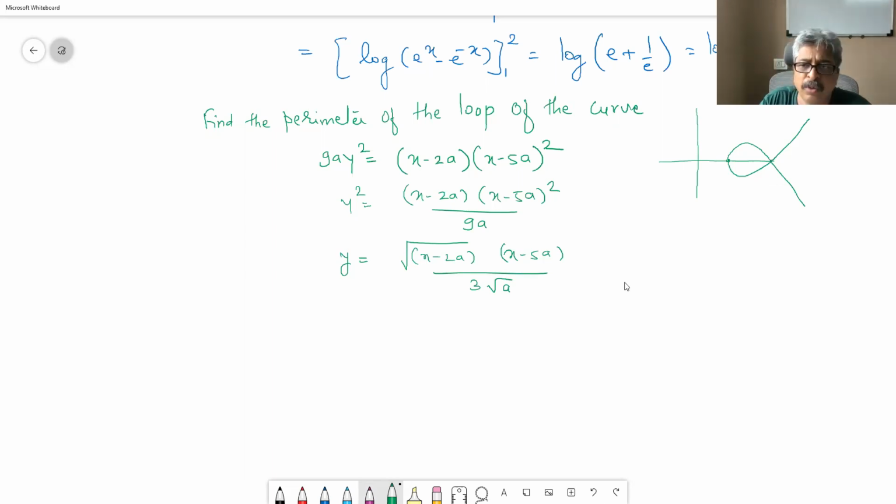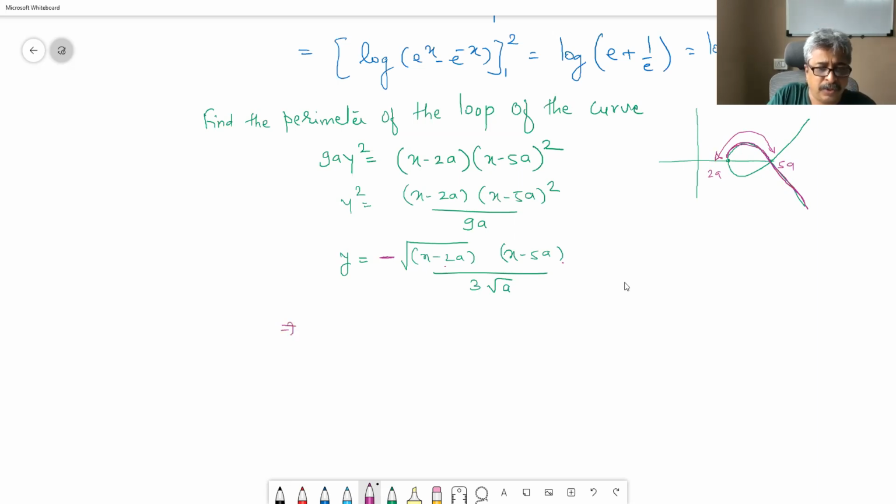Now this curve takes a negative sign, because if x is between 2a to 5a, then this term is negative, this term is positive, and therefore if you are looking for this curve upward to the x-axis to start with, then we have to give minus sign here. That is the curve we are talking about, and we will find the arc length of this part and make it 2 times.